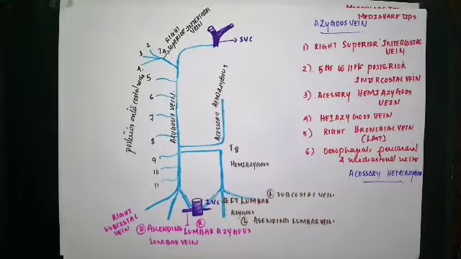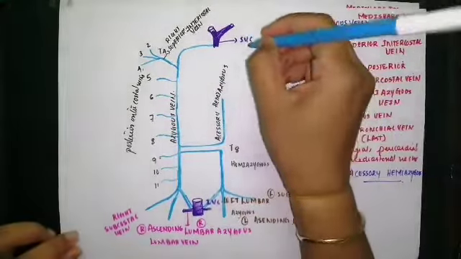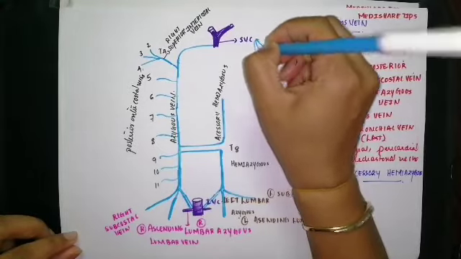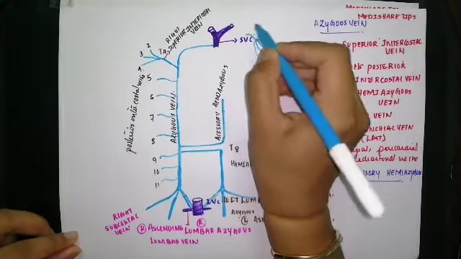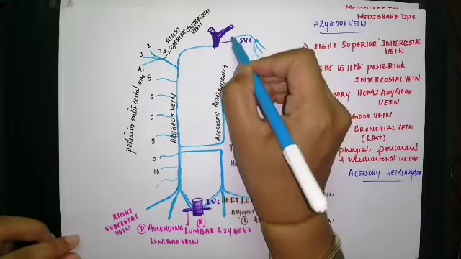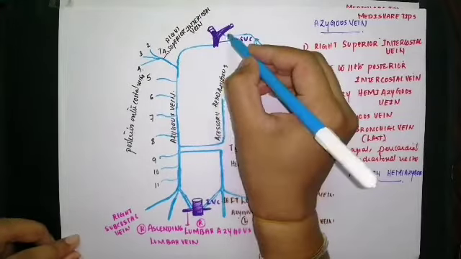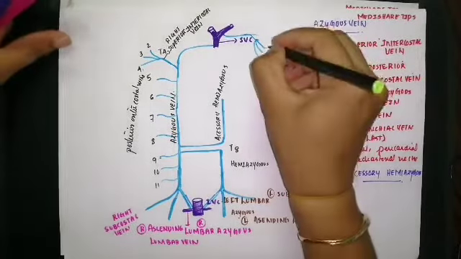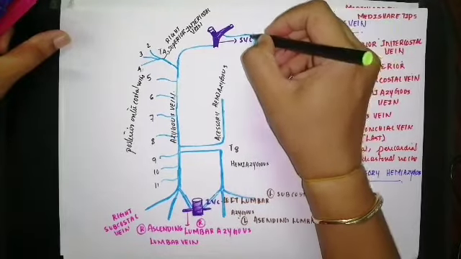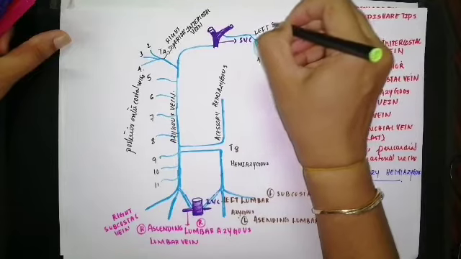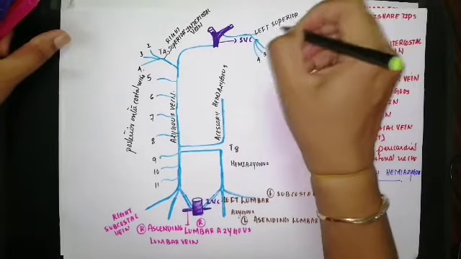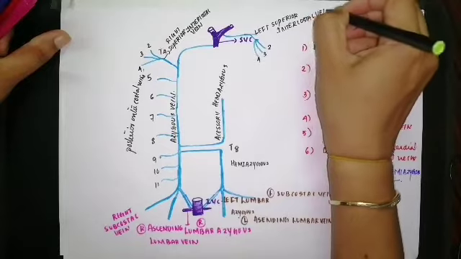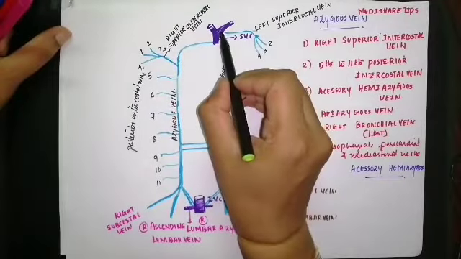Before that, you should know that on the left side, the second, third and fourth posterior intercostal veins join to form the left superior intercostal vein, which is draining into the left brachiocephalic vein.